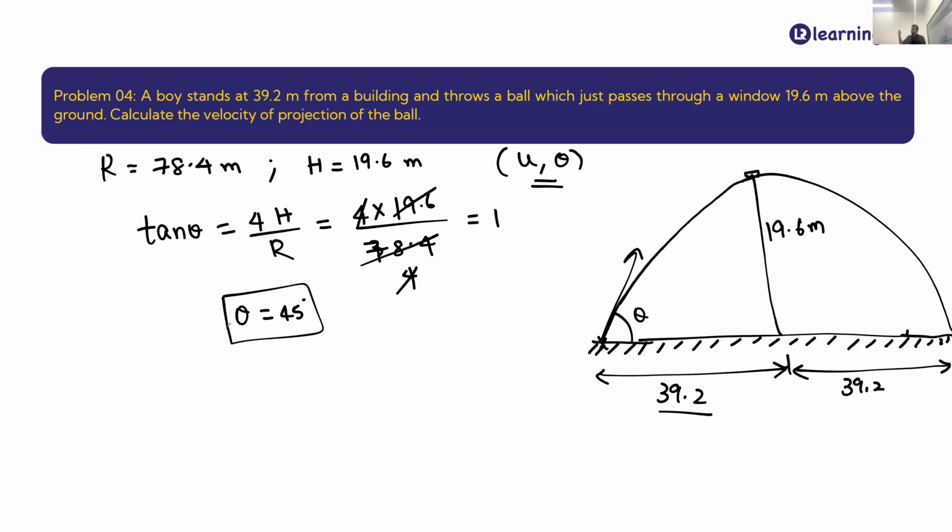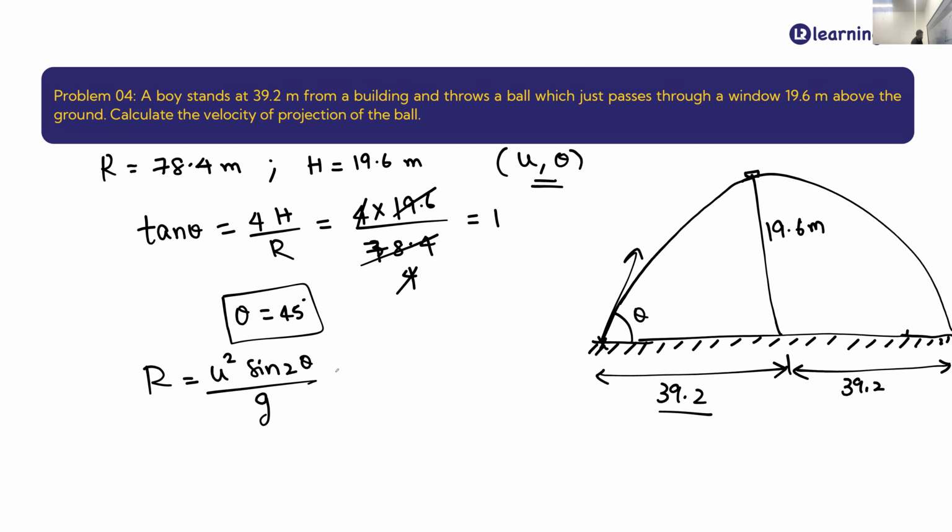There is one more piece of information we need to know. Whenever a projectile is thrown at an angle of 45 degrees with respect to horizontal, it has the maximum range. So I would suggest you apply the formula of range itself. R is equal to u square sine 2 theta divided by g. U is what we need to find.